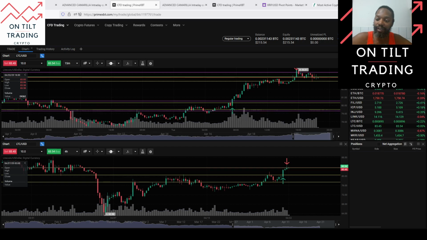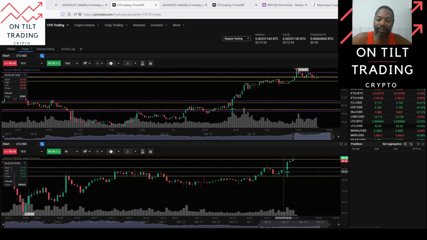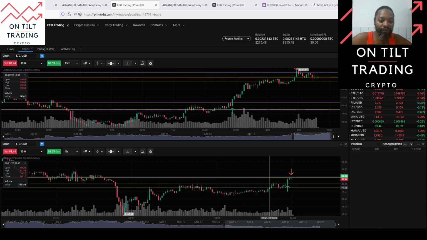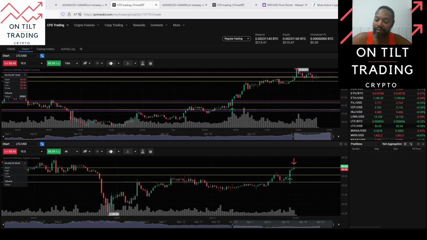As far as the target, I chose this target based on liquidity. Once Litecoin broke above this zone and then broke out and continued, I was looking for liquidity in these areas, and this was the area of liquidity that I wanted to target based on this candle, anything that was up here.